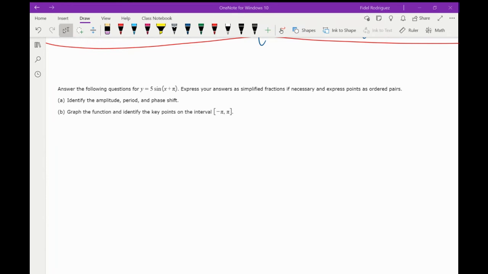So there should be something here that talks about the phase shift, right? Here we go. Okay, so notice what it says. The phase shift is the left endpoint, which is C over B, right? And when I'm talking about C over B, this is what we're looking at, right? Those parts right there.